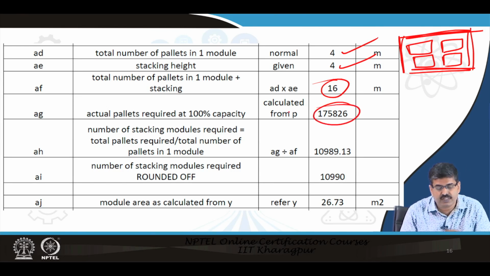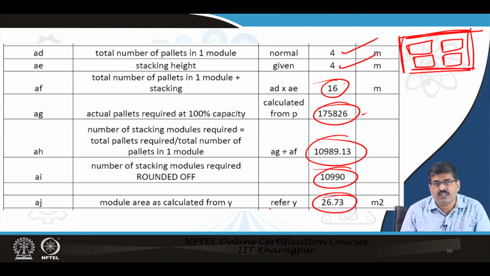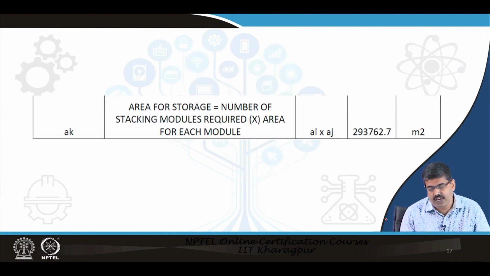Actual pallets required is this. So, number of stacking modules required, divided by 16, is this, and let us round it off, 10,990. And module area calculated is 26.73. Okay. So, area for storage is number of stacking modules required into area for each module.